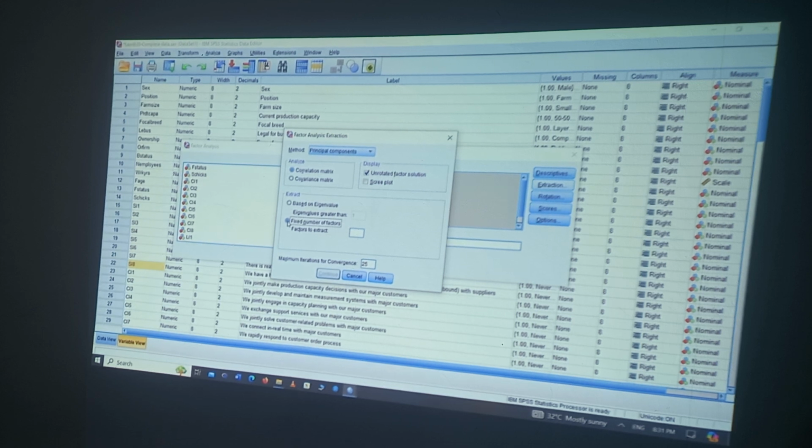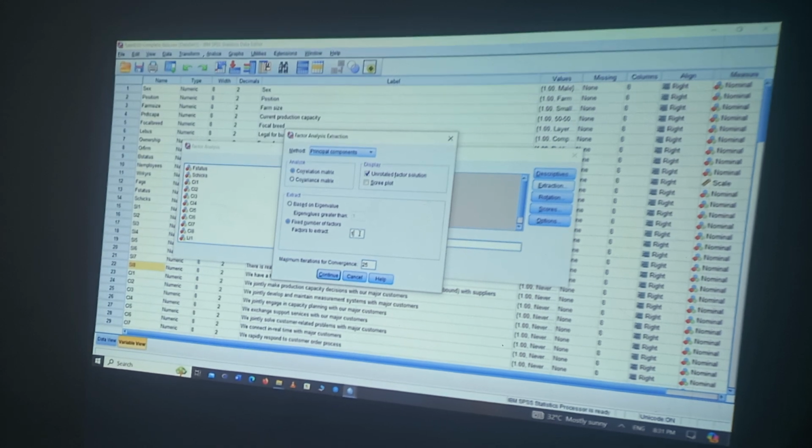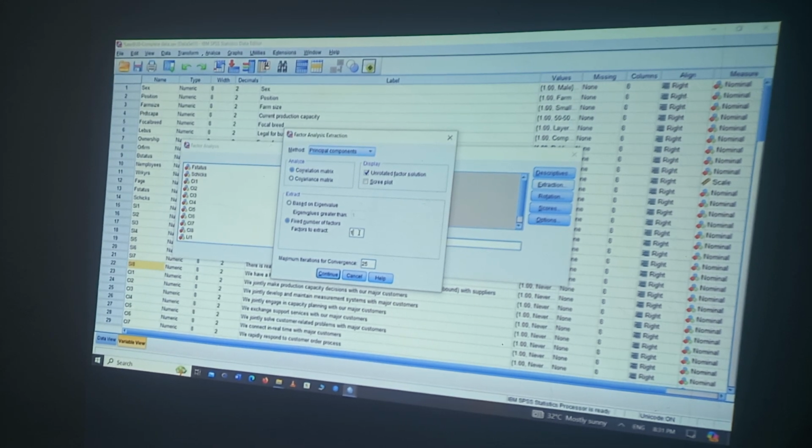That's why I put 1. So we put 1 in the table. So we have forced the machine to confirm that factor for us. It doesn't have the liberty to group them into other factors, to confirm whether these variables are really measuring one factor, which is the supplier integration.